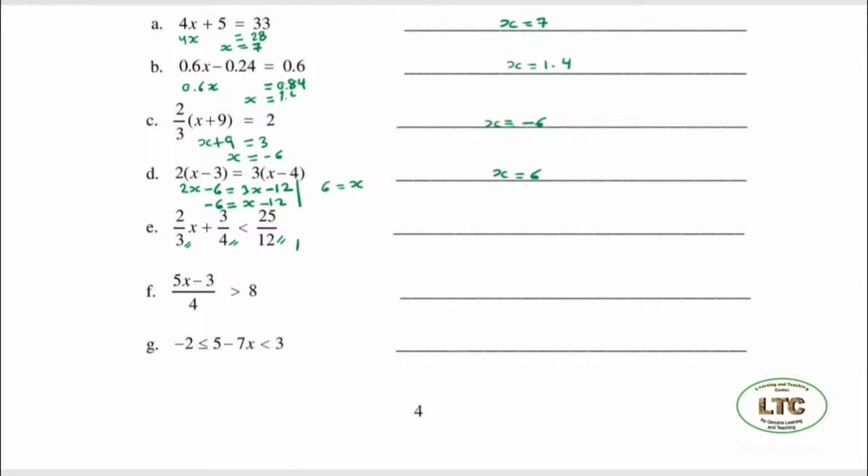So 12 is the least common multiple of 3, 4 and 12. So if you multiply 2/3 x by 12, you get 8x. If you multiply 3/4 by 12, you get 9. If you multiply 25/12 by 12, 12 and 12 cancel, you get 25.